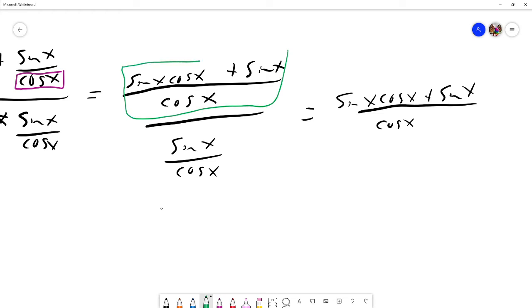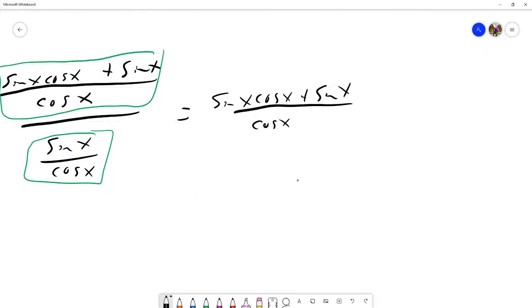There's our numerator, and this is our denominator. And so we can take the bottom fraction, take the reciprocal of it, and multiply it to the first fraction. So this is cosine x over sine x. And we can note this cosine is going to kill off this cosine.